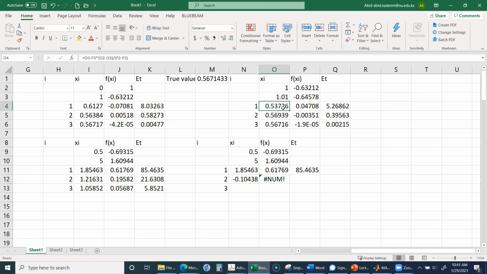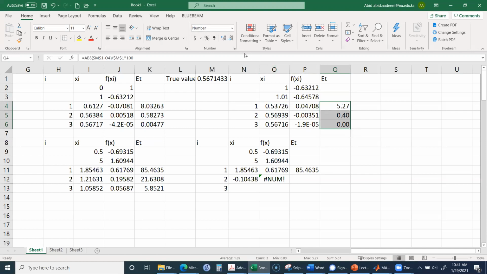Now in this case, you can see that from the first iteration I got this value, and then I applied the second iteration and got this value. In the third iteration I got this value, 0.576. And then you can see the percentage errors like this: 5.27%, 0.4%.